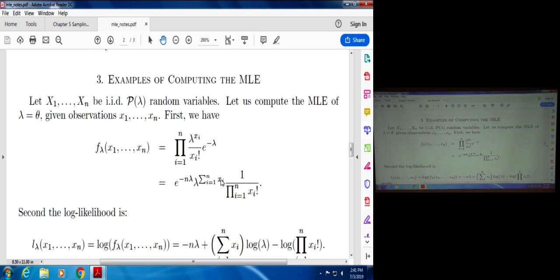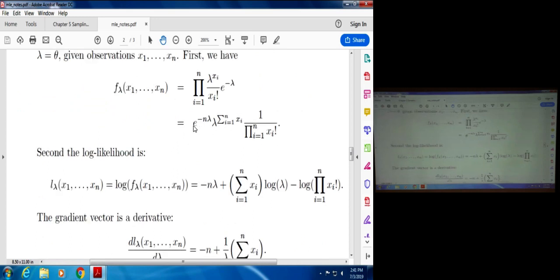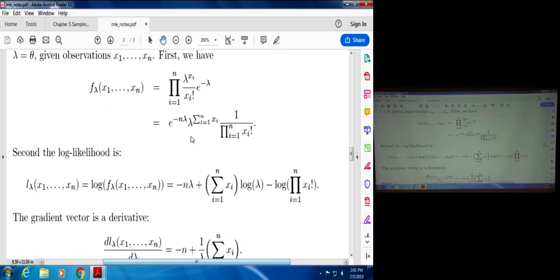The way in which we proceed, remember, we take a natural logarithm of this function. So if I take a natural logarithm of this function, what am I going to get? Well, remember, the logarithm of a product is the sum of the logs. So I think about this one first. The logarithm of e to the minus n lambda is minus n lambda.